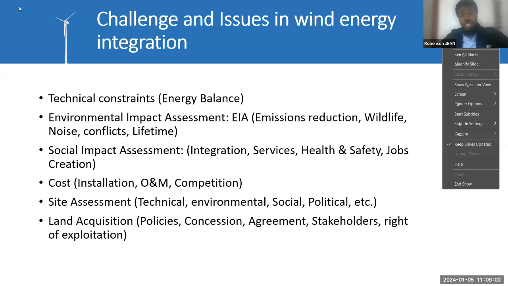So in such cases, what you can do is try to inject into the main grid. You are not producing for a specific community, but you are producing in order to increase the electricity share into the main grid and to increase the renewable energy electricity share. This is the most important. So the impact of this will be a reduction at the other side of the fossil fuel energy utilization.